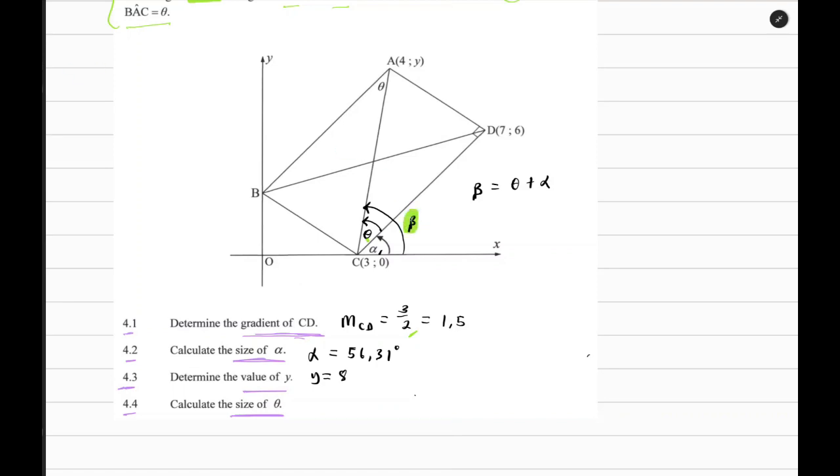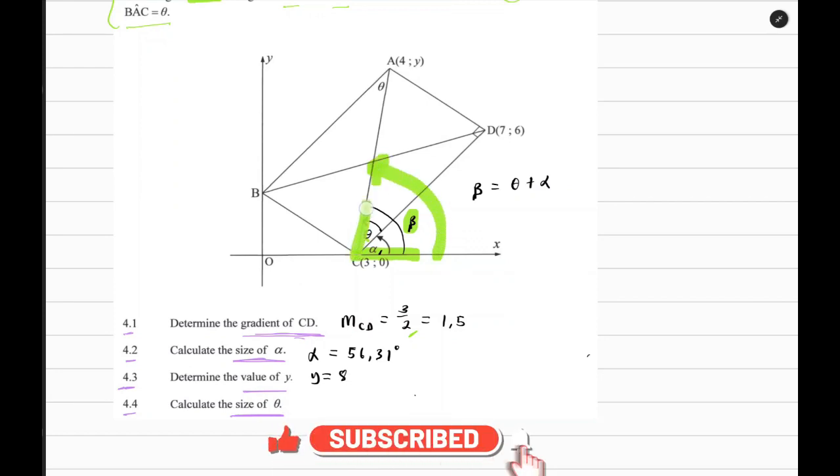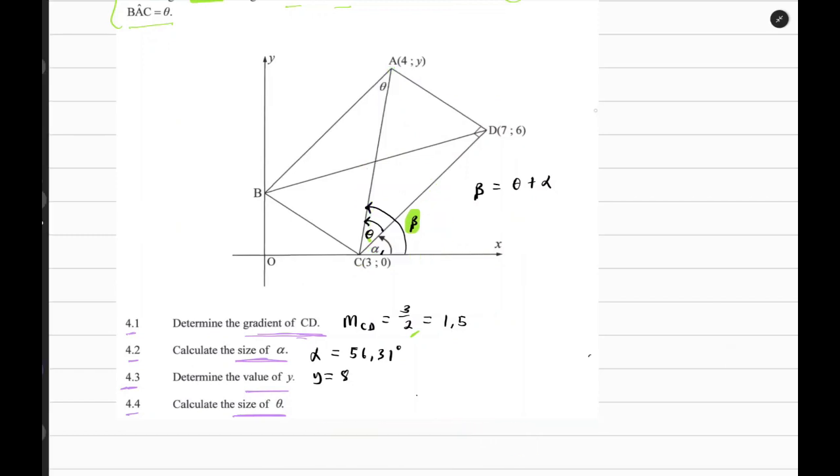And we can actually find beta by using the angle of inclination formula. Remember, angle of inclination is measured from the positive x-axis counterclockwise to the line, and in this case it's AC. So let's use the angle of inclination formula to find the value of beta.